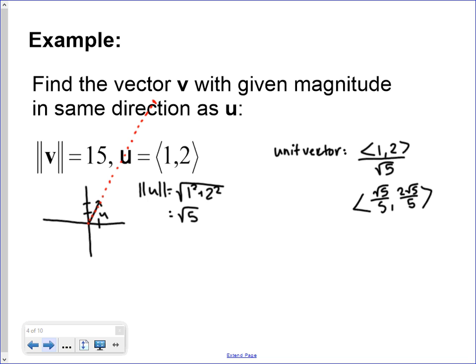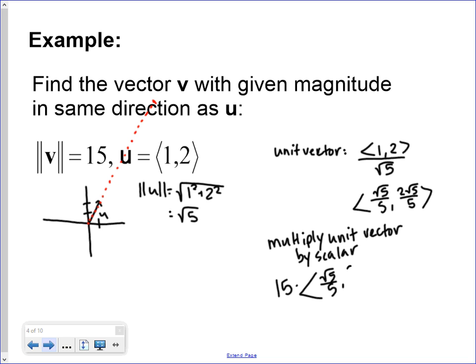Now, that's the unit vector. So that has magnitude of 1. And then I just have to multiply by a scalar 15. So I would say 15 times that vector, square root 5 over 5, and 2 square root 5 over 5.